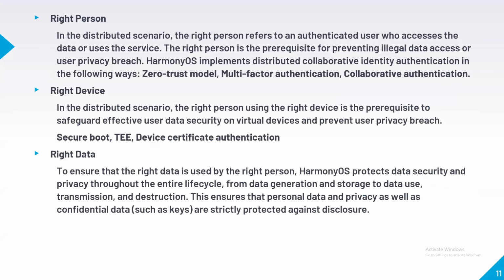So this entire security system, what I said about permission management, that is related to one application. What we are seeing here is at the entire OS level, at the distributed architecture level. What is the meaning of this right device, right person, and right data? There are different ways to tell who is the right person, right?